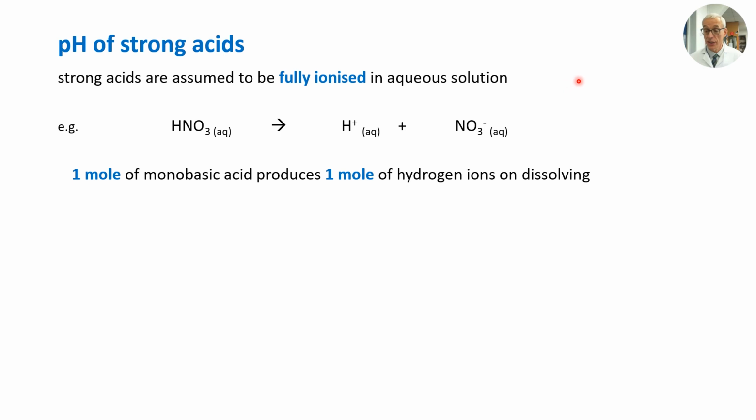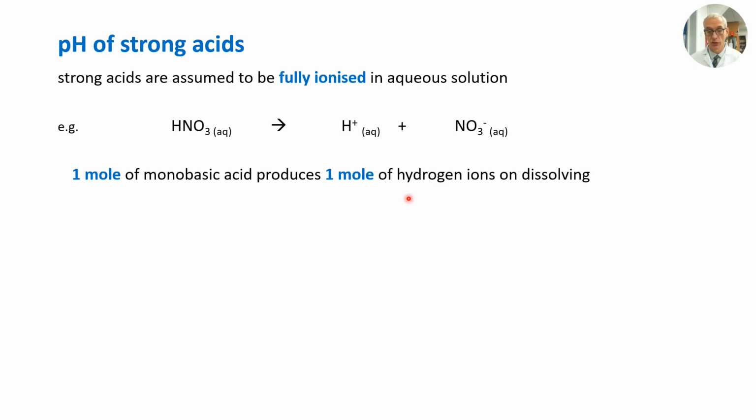So we're going to start with calculating the pH of strong acids. We need to be able to relate the concentration of the strong acid to the concentration of hydrogen ions. And we do that by assuming that strong acids are fully ionized. That is, for 1 mole of nitric acid, we get, on dissociation, 1 mole of hydrogen ions in solution.